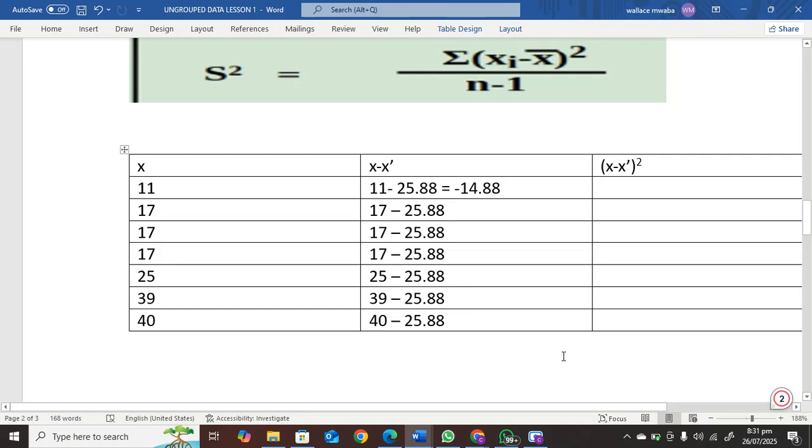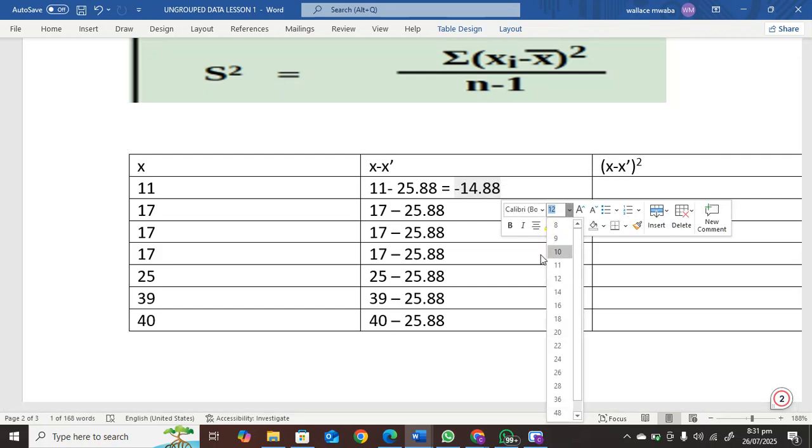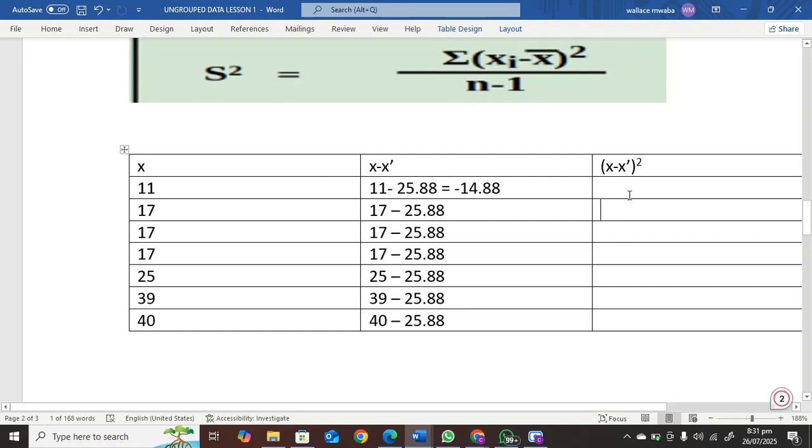When you put it to the power two, that is not the square root. When you square it, you have to multiply it by itself. Don't get the square root. As you are squaring, you may be getting these values here.